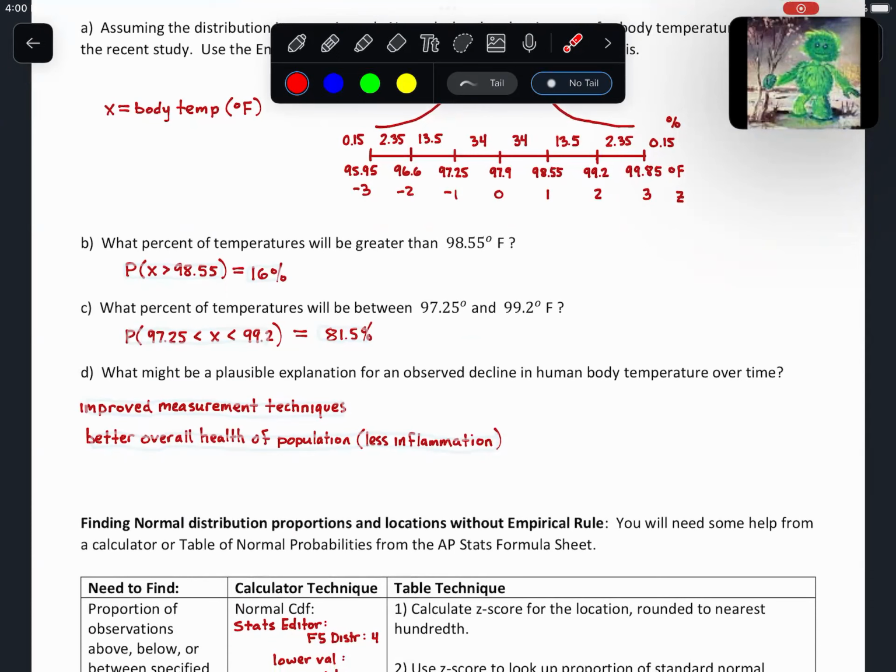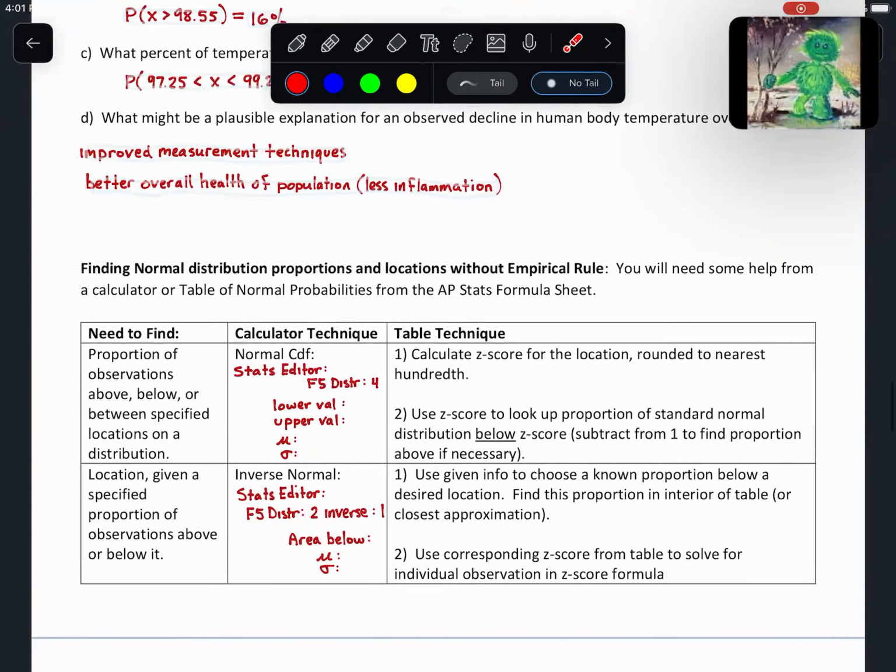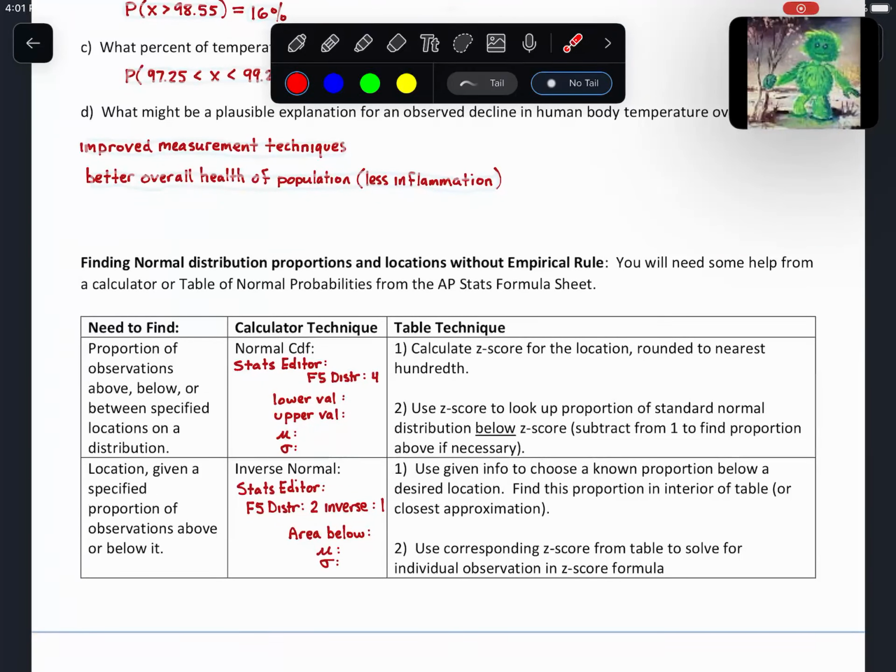And believe it or not, if you don't have the Stats app, your calculator dies during the AP test, God forbid, the formula sheet has ways to help you as well. So we're going to take a look at both of those things. Honestly, you'll use the calculator most of the time, but you definitely want to know how to use the formula sheet as a backup plan.